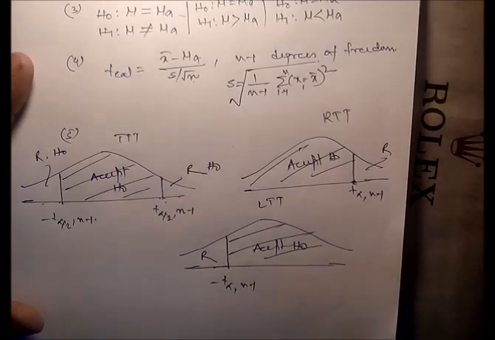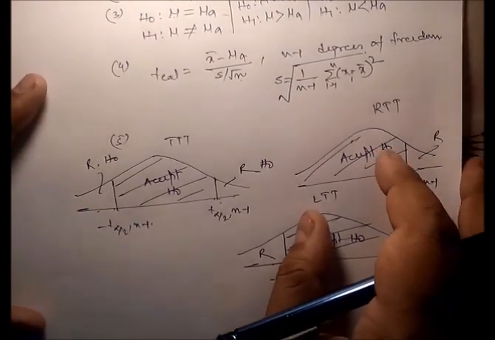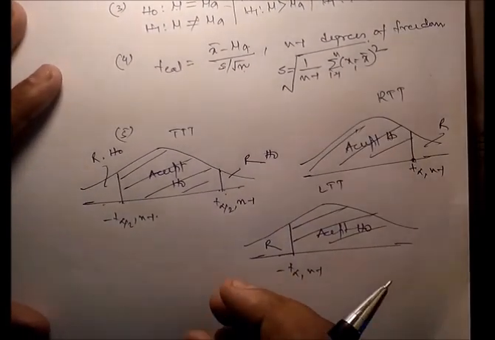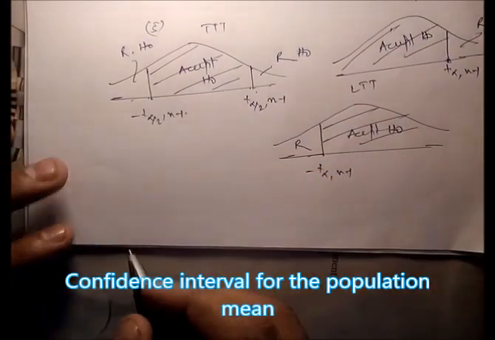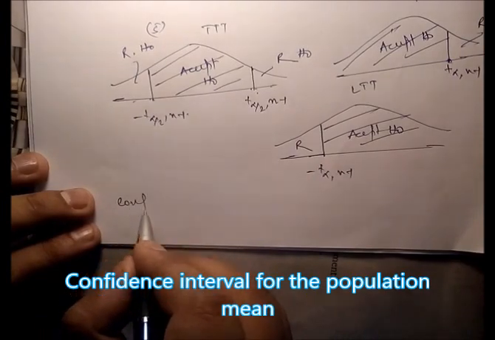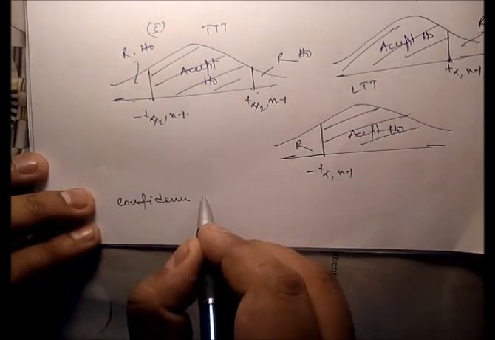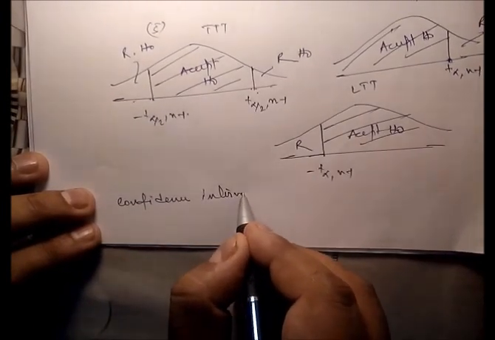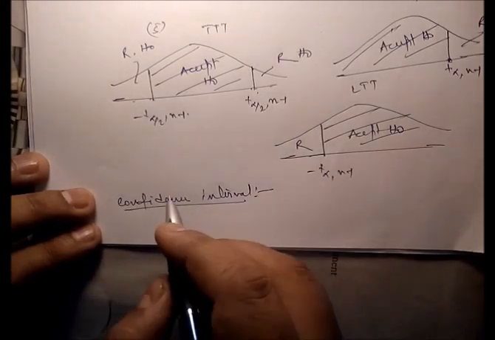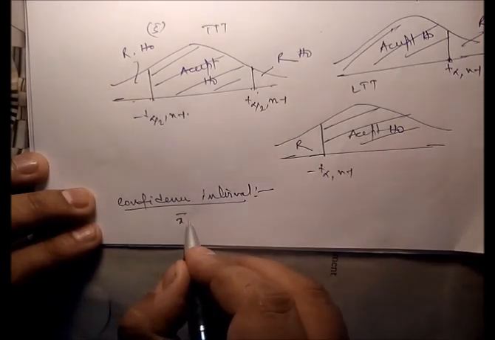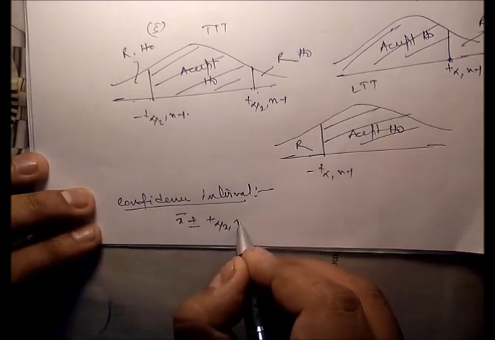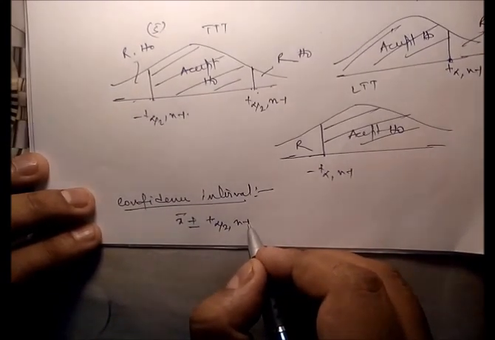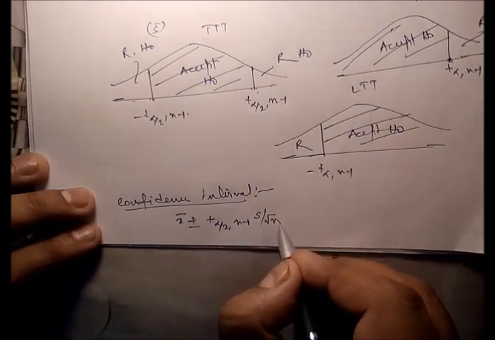Now one more thing is the confidence interval for the population mean. The formula for the confidence interval is x bar minus t alpha by 2 n minus 1 times s by square root of n.